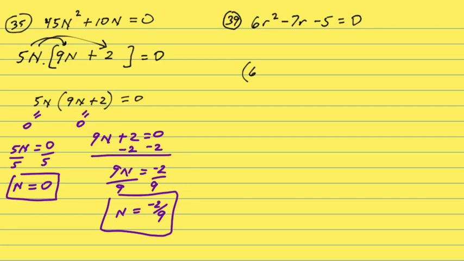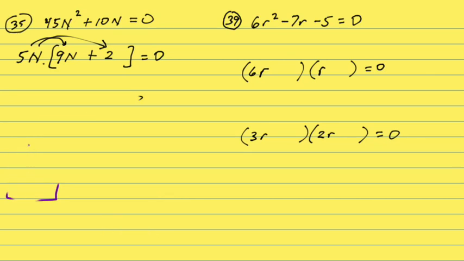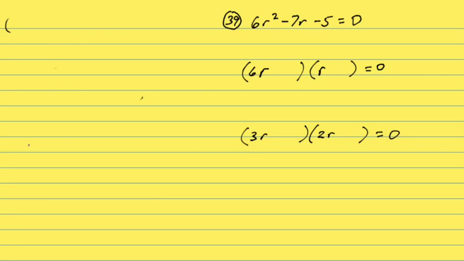There's only two choices. 6r times r, or it might be 3r times 2r, which would also give me 6r squared. Okay, I'm going to make a little room, so I may erase some of this stuff. What is a times c on number 39?